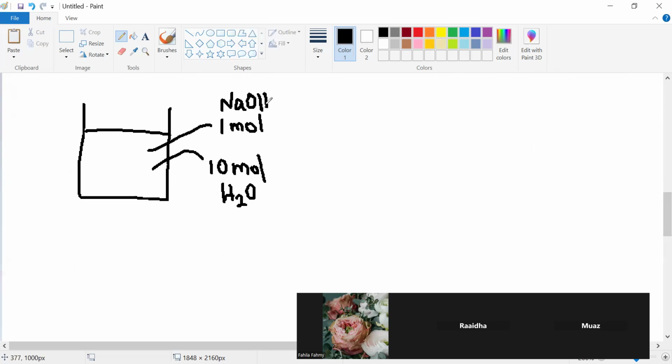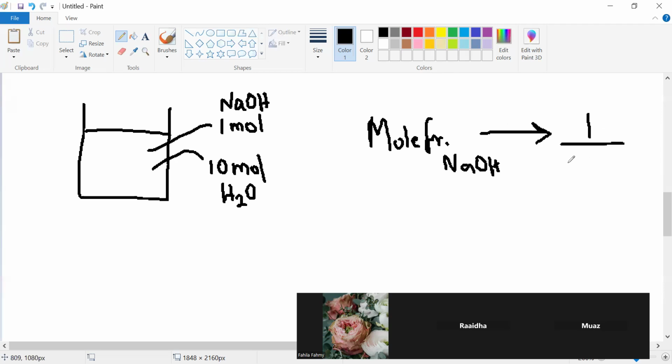So I can now tell the mole fraction of sodium hydroxide. It is equal to 1 over what? You have to add all. So how much is it?